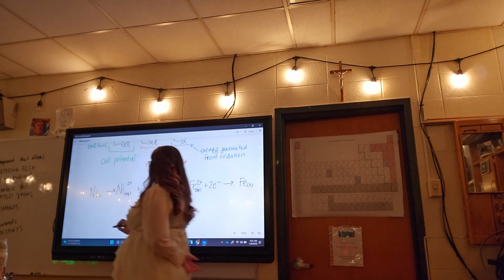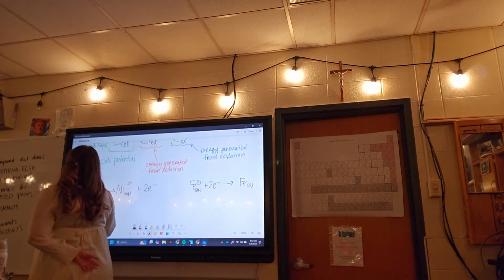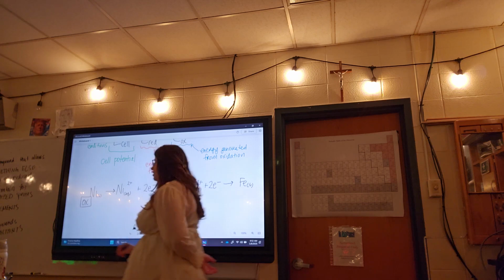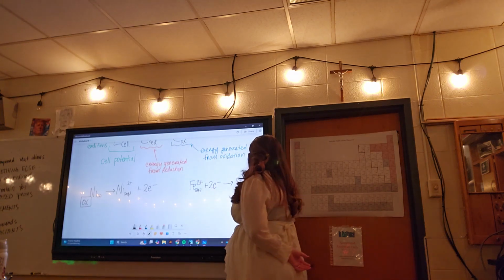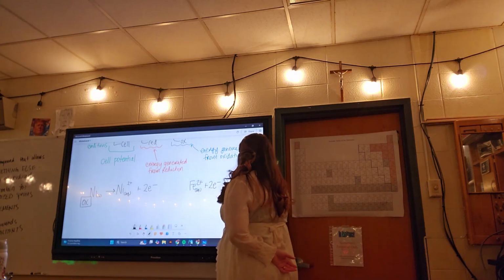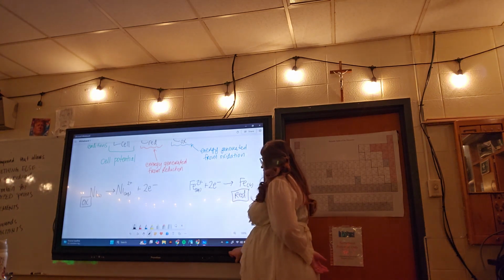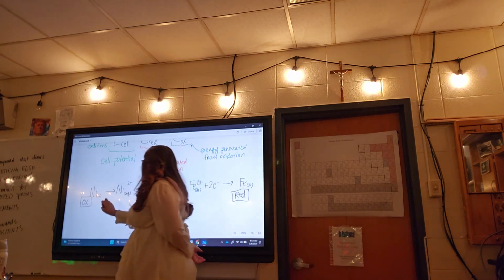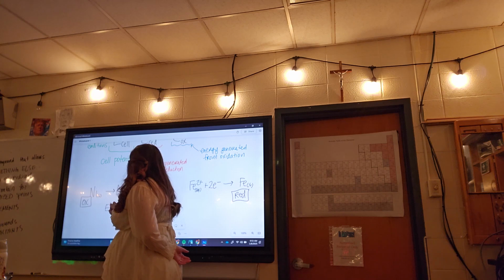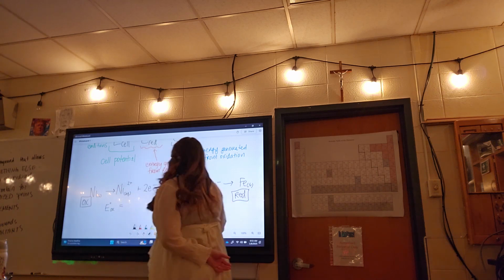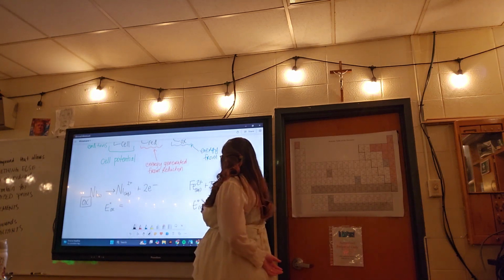We know that this is the oxidation because it was on the oxidation side of our drawing. We know that this is the reduction. So what is the value of E ox and E red?